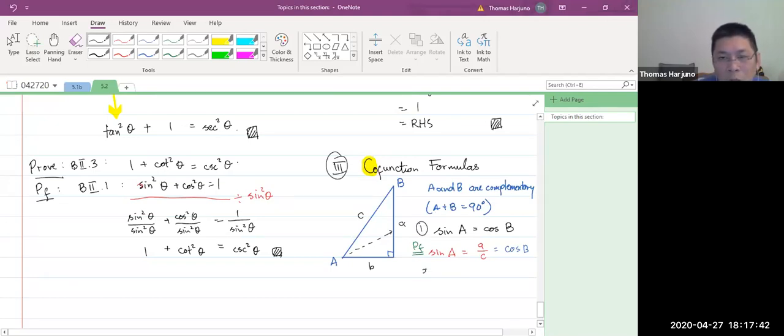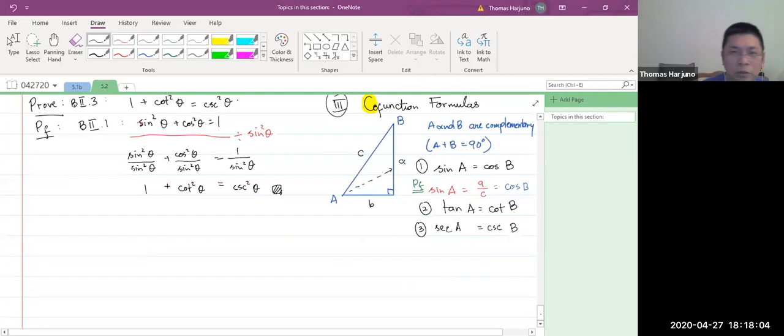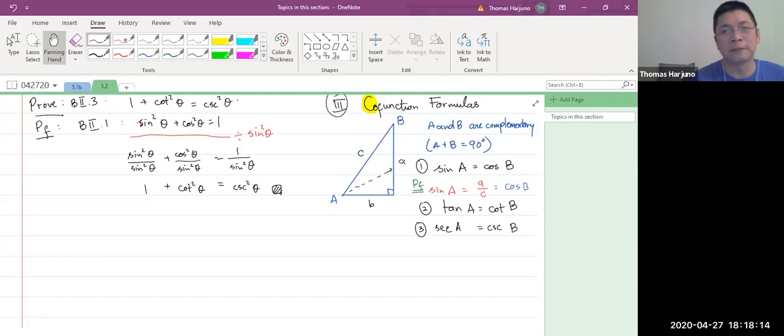The second one is tangent. Tangent A is equal to cotangent B, and secant A equals cosecant B. And the proof is actually visible from that triangle. Okay. Now, another way to write these formulas is the following.